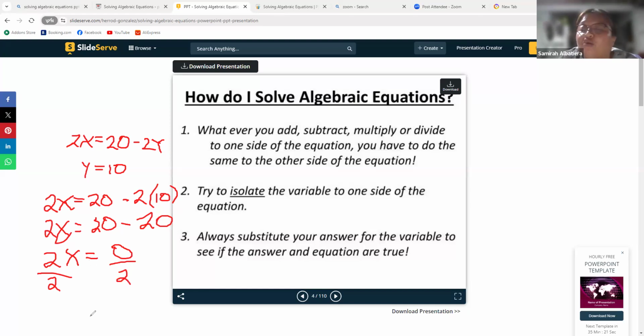So 2 divided by 2 will give us 1, and 1 times x would give us x, and 0 divided by 2, 0 divided by any number, would give us 0. So x therefore is equal to 0.